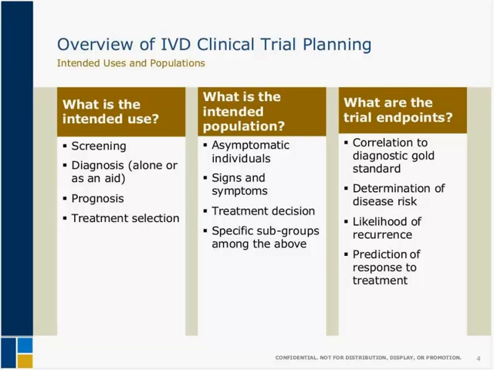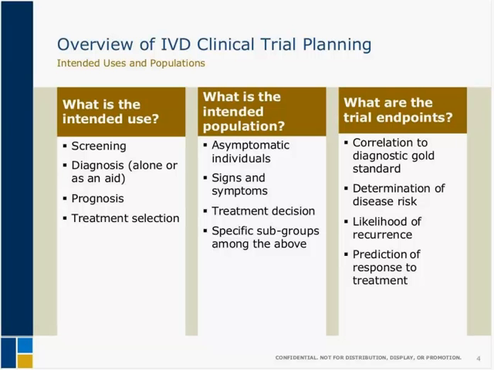For treatment selection, the population that you would look at would be ones who are going to need a decision on the treatment. And then there are always specific subgroups among those populations, and that's part of the fine-tuning of the intended use and the intended population.